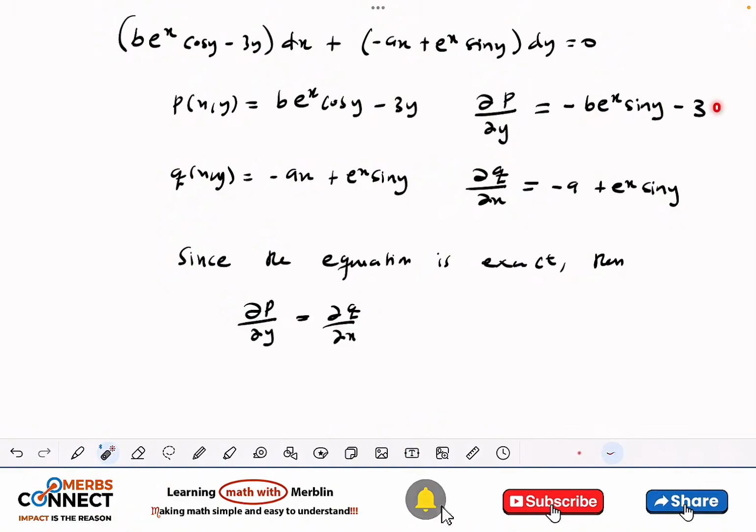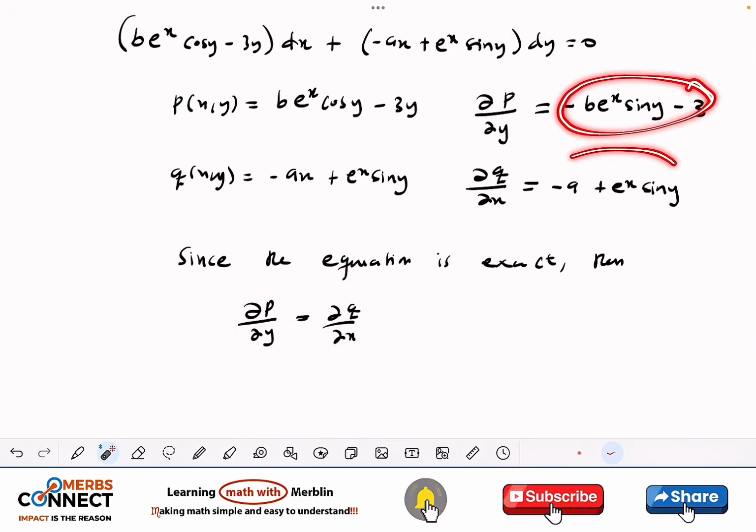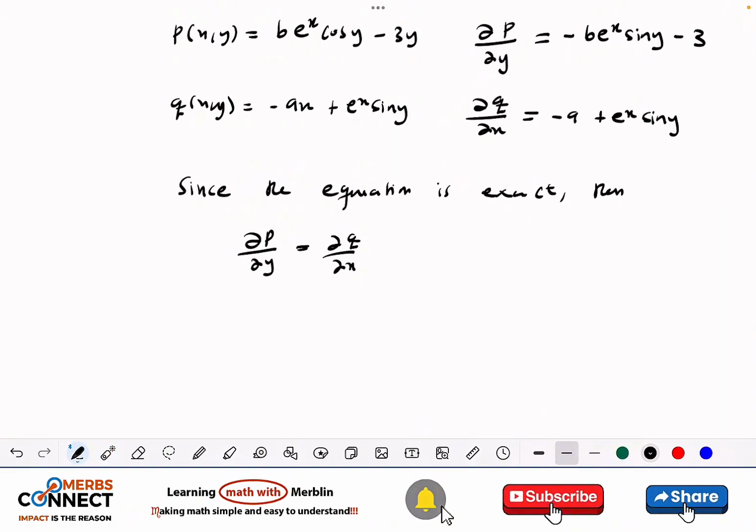Even though we don't know whether this and this are the same, since the question is saying that it is exact, it means that this is the same as that. So we need to equate this to this. With P, we are going to have minus b e^x sin y minus 3 is the same as Q, which is minus a plus e^x sin y.